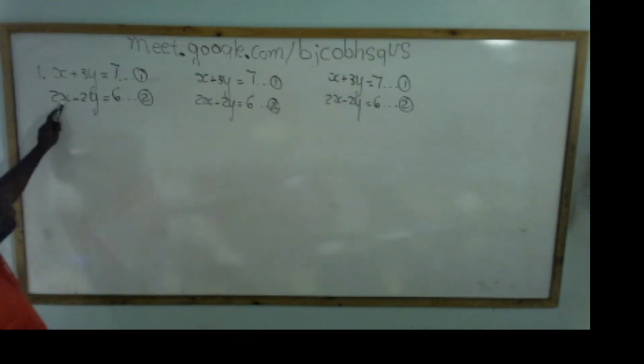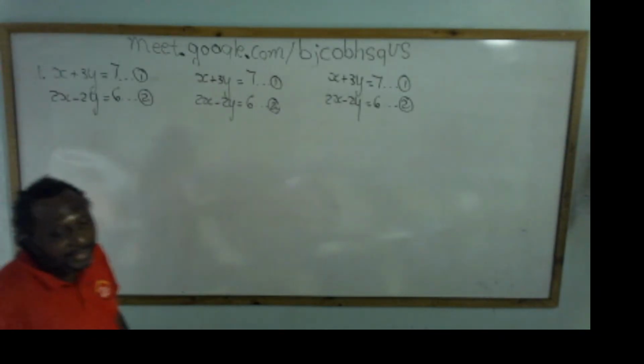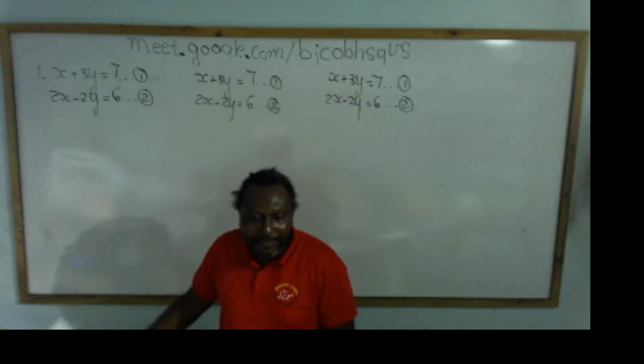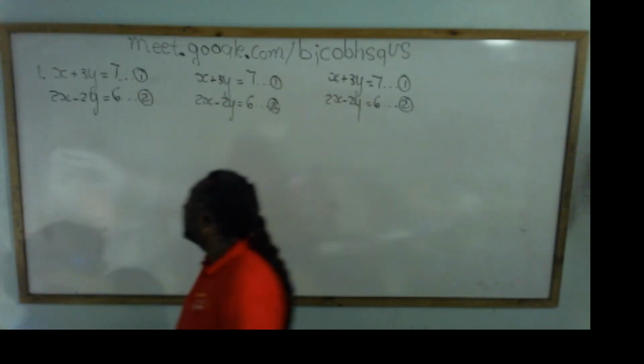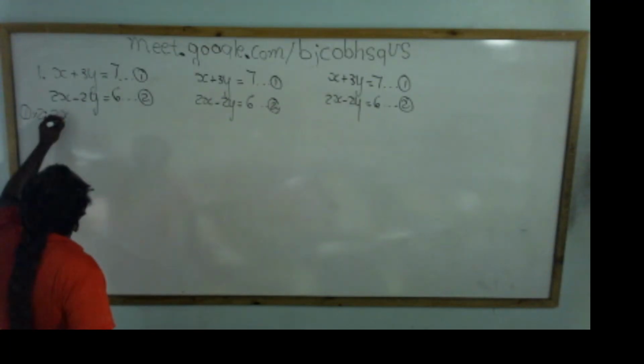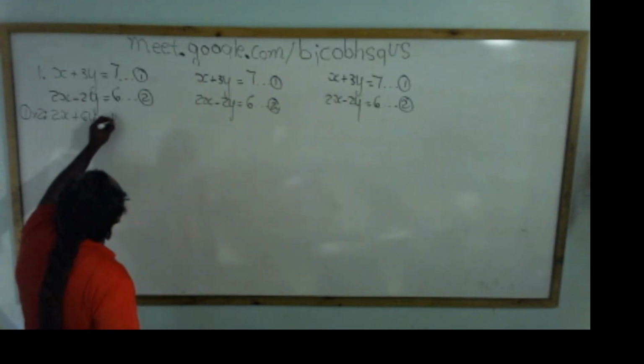Then the equations will be ready for the elimination of x. So we take equation 1 and multiply it by 2, and we get 2x plus 6y is equal to 14, and that is our equation 3.